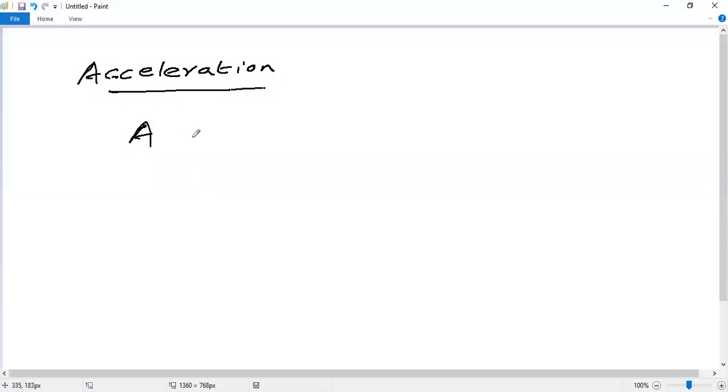Acceleration A is equal to R omega square. This is the relationship between linear acceleration and rotational acceleration. How do we know very well?